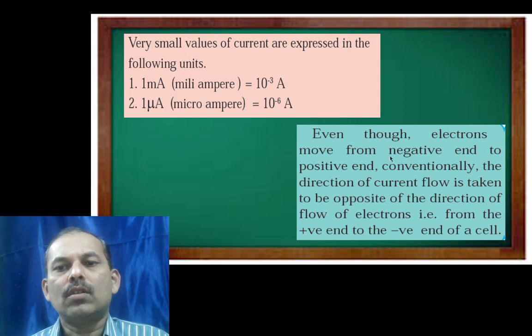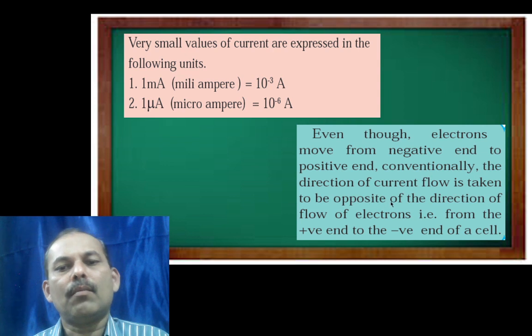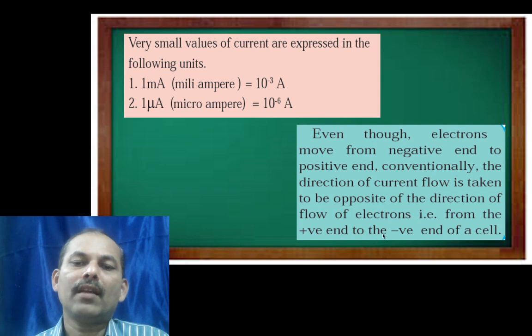Even though electrons move from negative end to positive end, conventionally the direction of current flow is taken to be opposite to the direction of flow of electrons, that is from the positive end to the negative end of the cell.